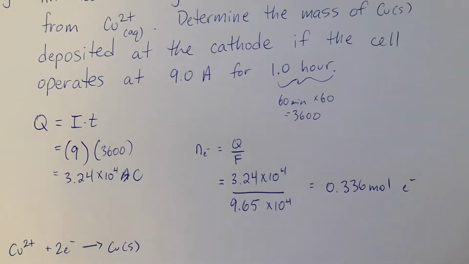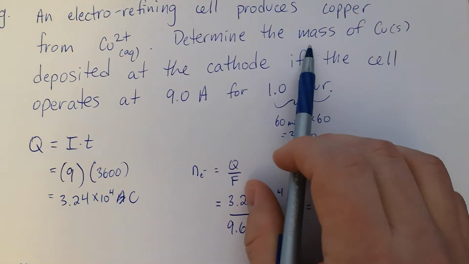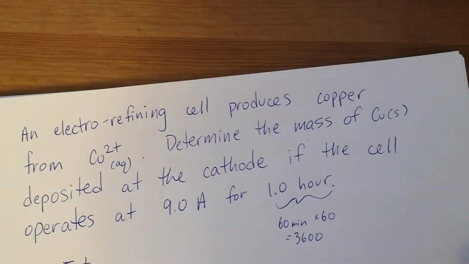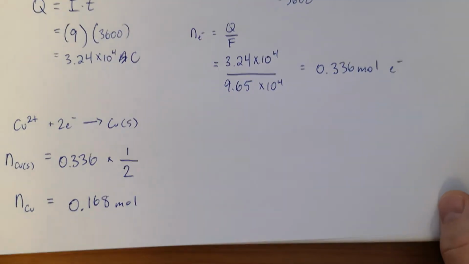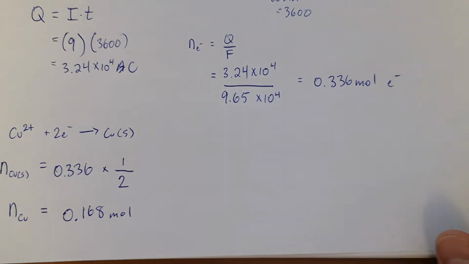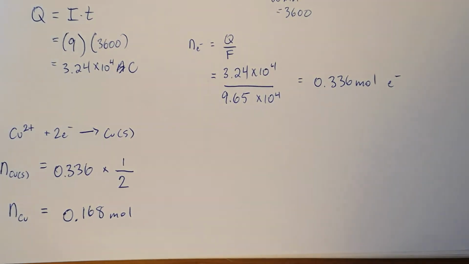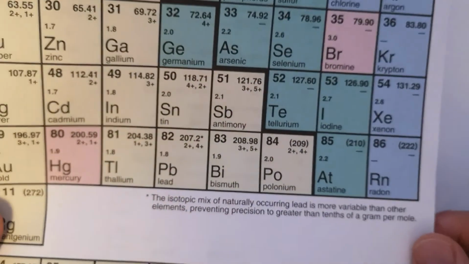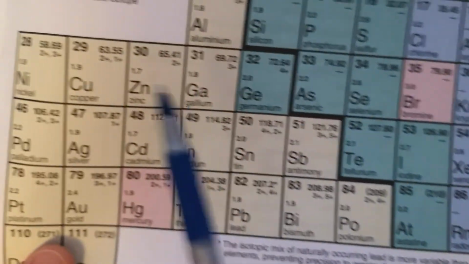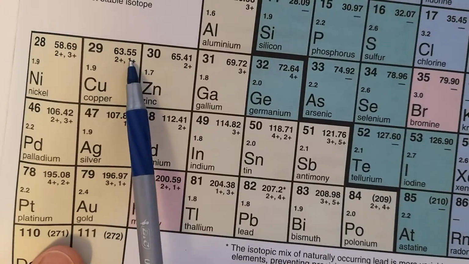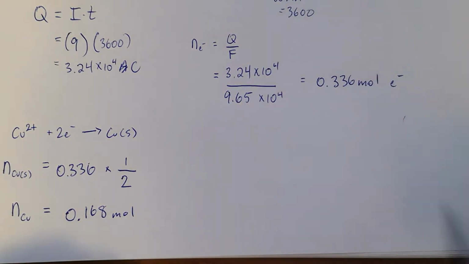The question asks, what's the mass of copper? So there's one more step left. Okay, you're going to need your data booklet. You're going to need to find the molar mass of copper, which is not going to be a big deal at all. Okay, it's number 29 right here. Okay, so 63.55 grams per mole.